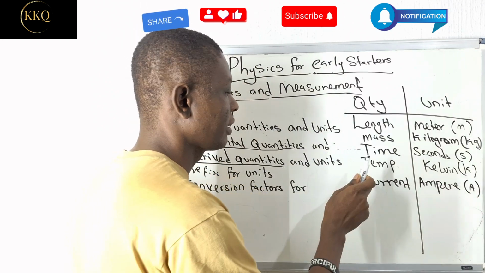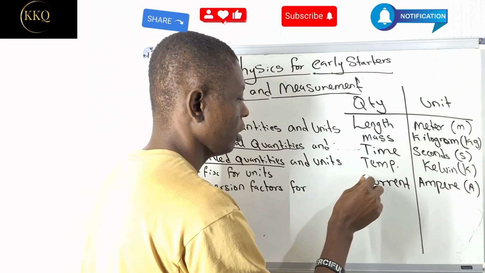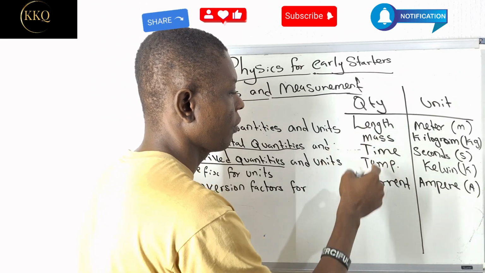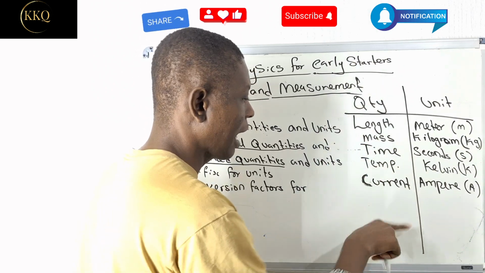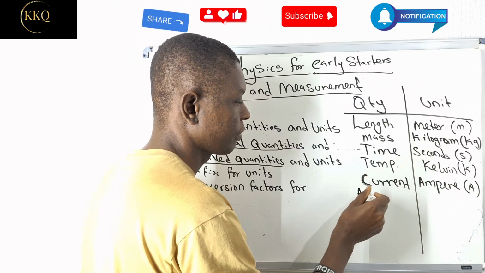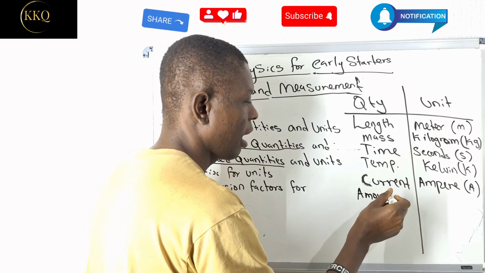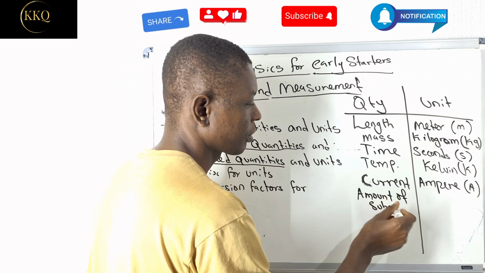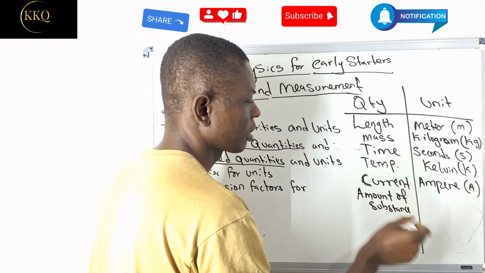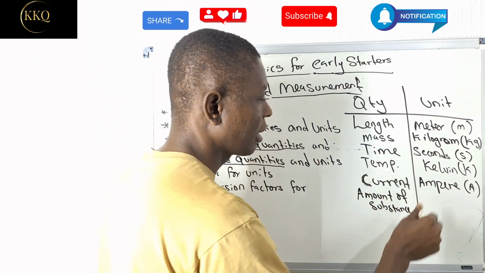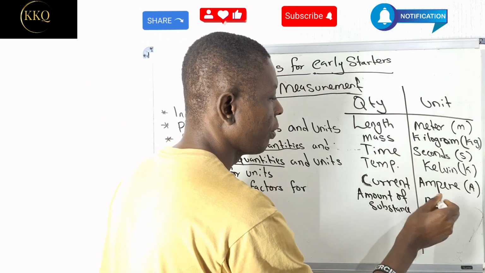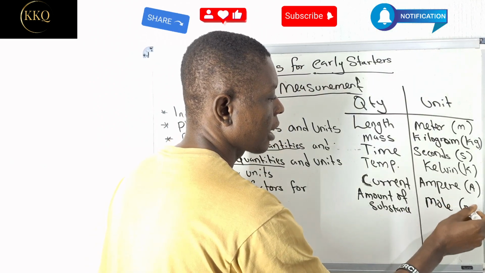I've listed 1, 2, 3, 4, 5. All right, the next is amount of substance. And this is mole, in bracket MOL.